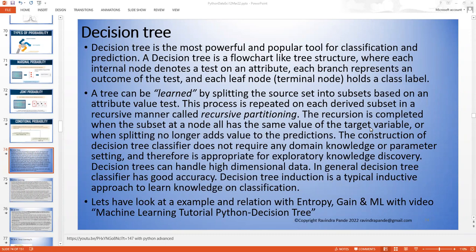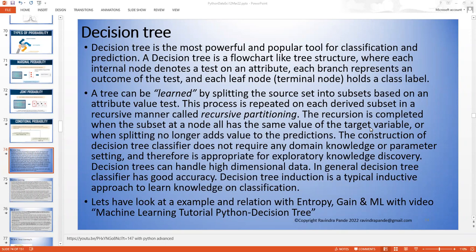A tree can be learned by splitting the source set into subsets based on an attribute value test. So if the attribute value changes, the branch changes, the event changes, the occurrence or contents of a variable changes, the branch changes, the decision changes. This process is repeated on each derived subset in a recursive manner called recursive partitioning. We had a look at these things in our probabilistic understanding.